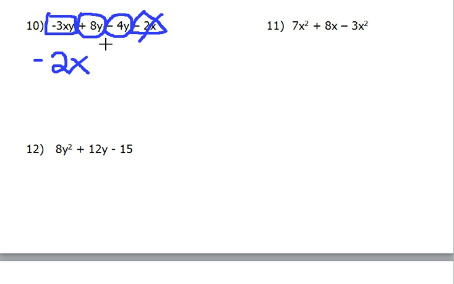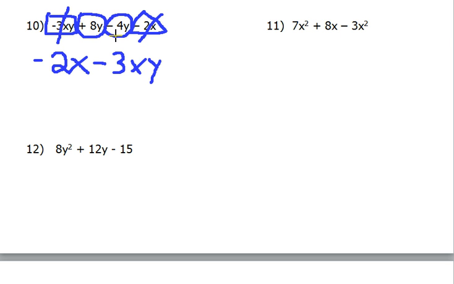Now the next term that should come would be this one here, this negative 3xy. And I would write that in my expression as minus 3xy. Since it has a negative in front, I would put it in my expression here as a minus 3xy.